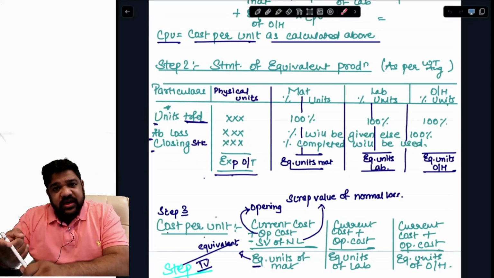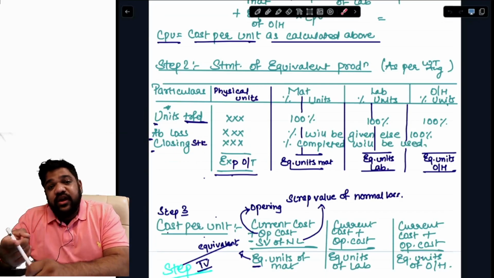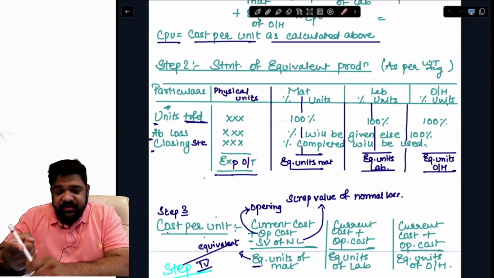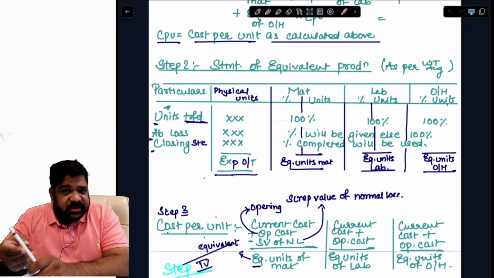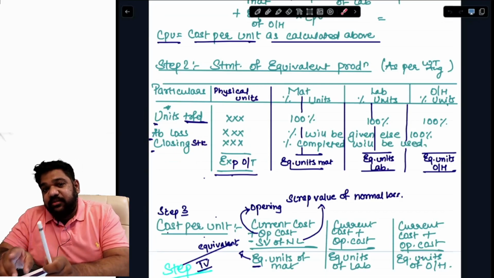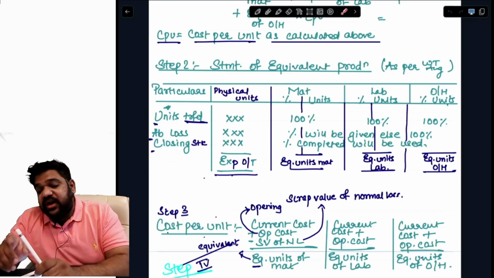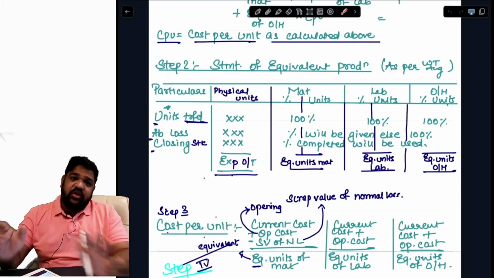So units transferred will always have 100% degree of completion everywhere. For closing, the degree of completion will be given. For abnormal loss, the degree of completion will be given; if it is not given, we assume 100%. If there is an abnormal gain, it will be in negative, in brackets, across 100%.